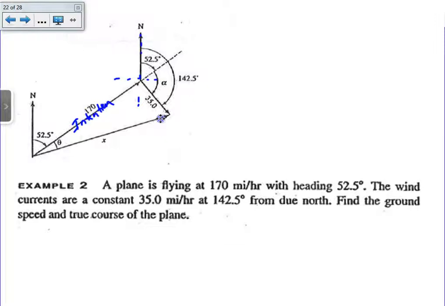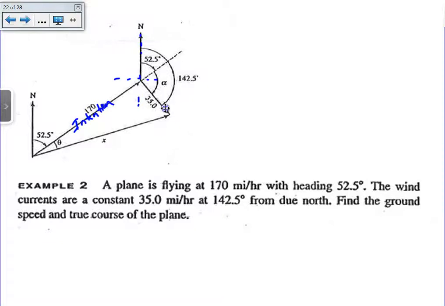And it's 35.0 miles per hour at 142.5 degrees. So you'll notice the wind's bearing measures off of north at 142.5 degrees. Now this 52.5 is filled in because of corresponding angles. So if this is a 52.5 degree, so is this, because the plane has not changed direction in its intention, at least.